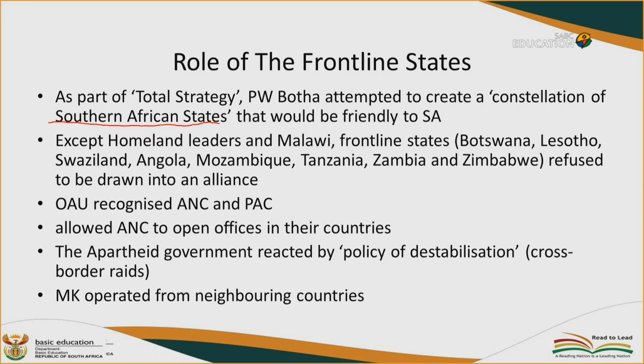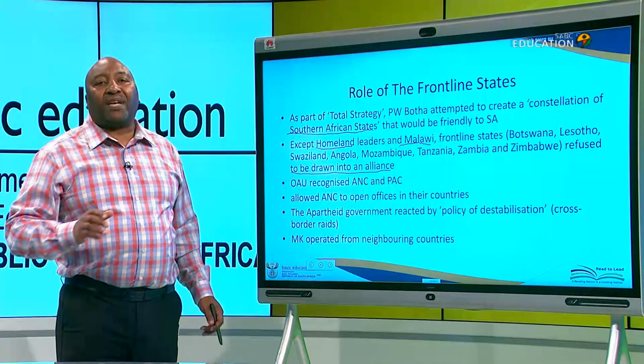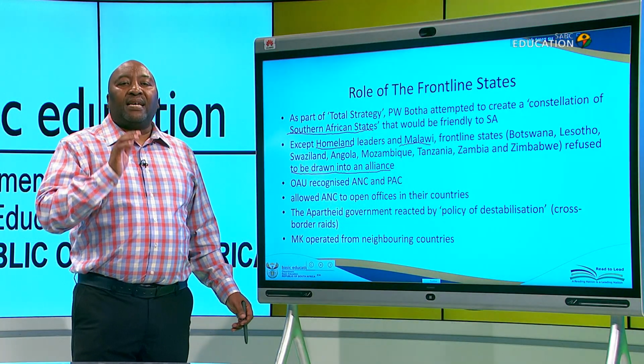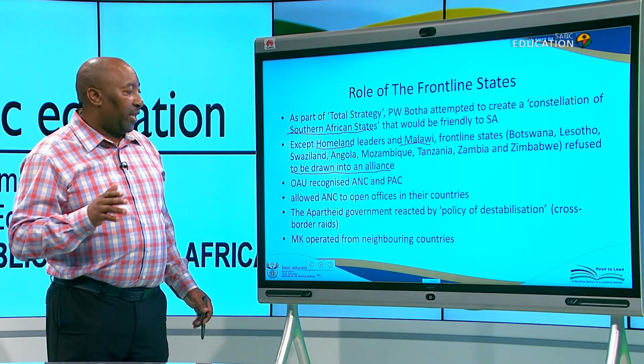But what happened? Only the homelands and Malawi participated in P.W. Botha's Constellation of Friendship. Botswana, Lesotho, Swaziland, Angola, Mozambique, Tanzania, Zambia, and Zimbabwe refused to be part of Botha's alliance, which means they did not want to relate with South Africa until apartheid was eradicated.